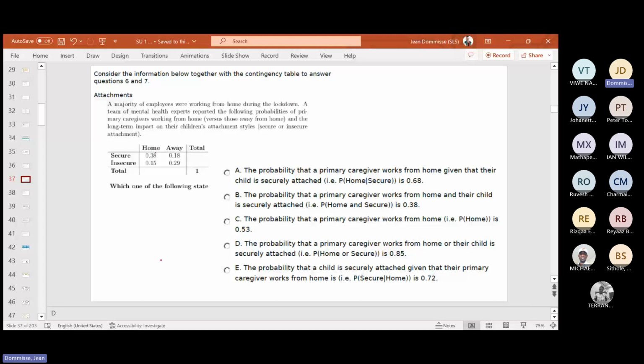So 38% felt secure working at home, 18% felt secure when they were working away from home, 15% insecure when working from home, and 29% insecure when working away. And that will add to 1.